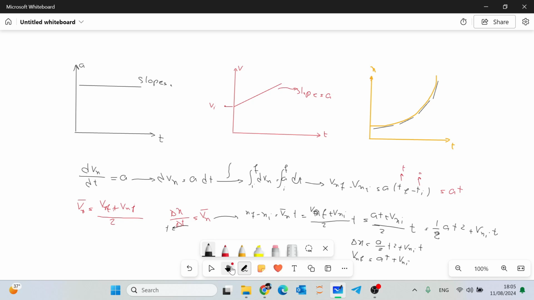Another thing that I want to tell you, which is really important, is that we had vxf minus vxi equals a times t. So t can be obtained as vxf minus vxi over a. Then also we have xf minus xi equals half of a times t squared plus vxi times t.